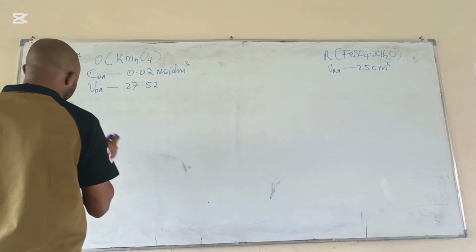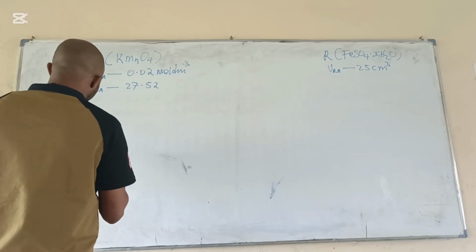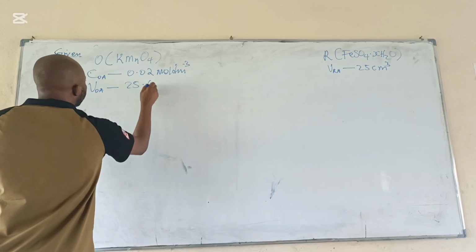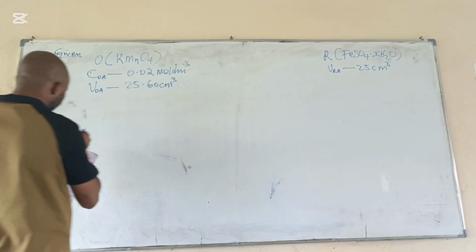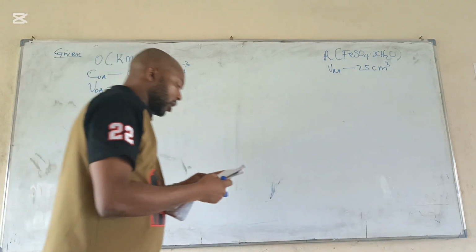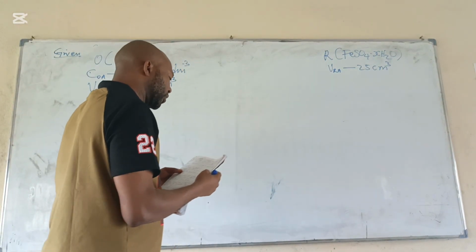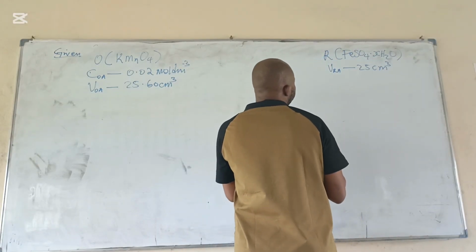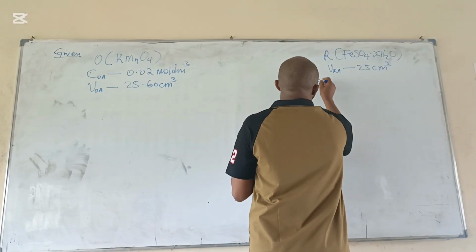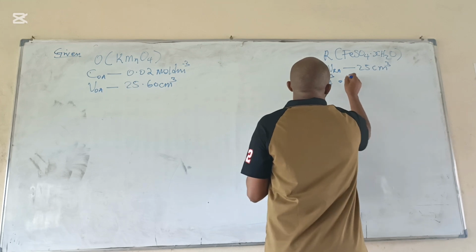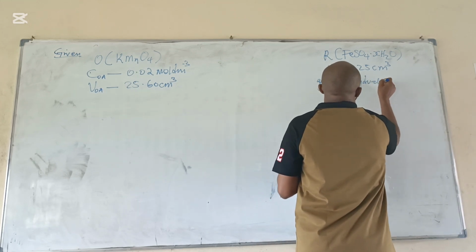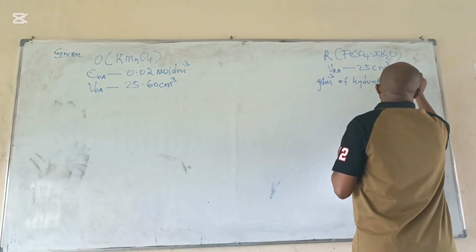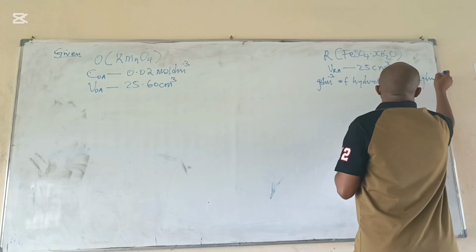This is the mass concentration of the hydrated salt, 27.52 g/dm³.